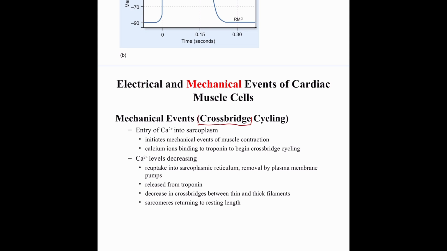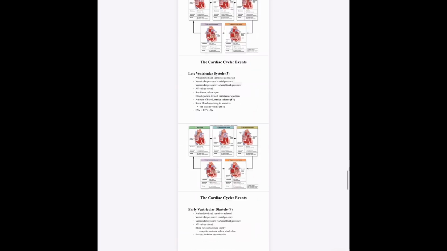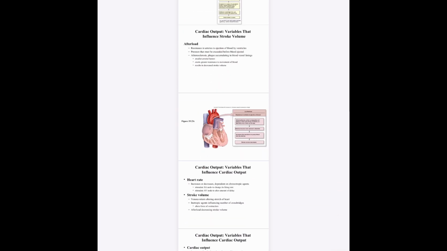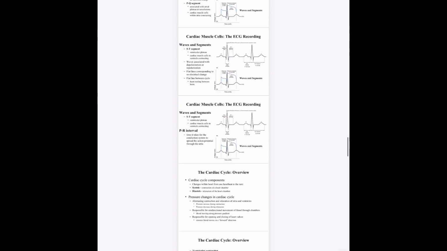One thing to note here are cross bridges. I guess they haven't shown you what a cross bridge is yet. Is there a picture of one? No. How about further up?